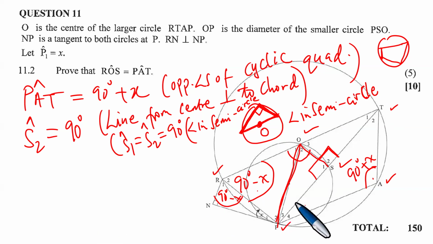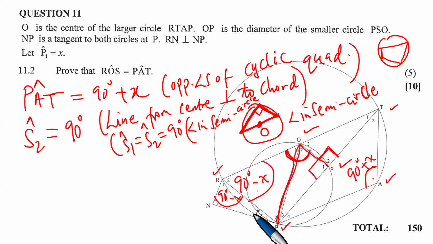Now we have, let's see now, ROS. ROS is equal to how many degrees? The angle ROS now is exactly this one. I want you to look at this very carefully.